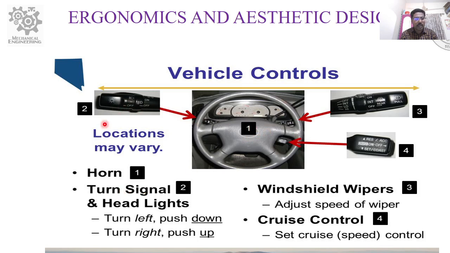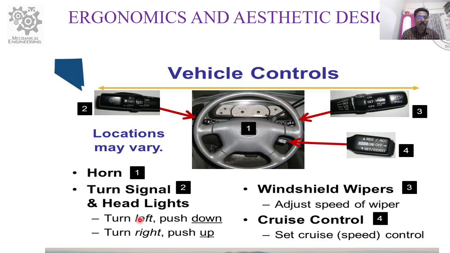The second one is the turn signal and headlights. We use these turn signals and headlights for controlling the vehicle. What is the purpose of the turn signals and headlights? To turn left, push the button down. To turn right, push up.